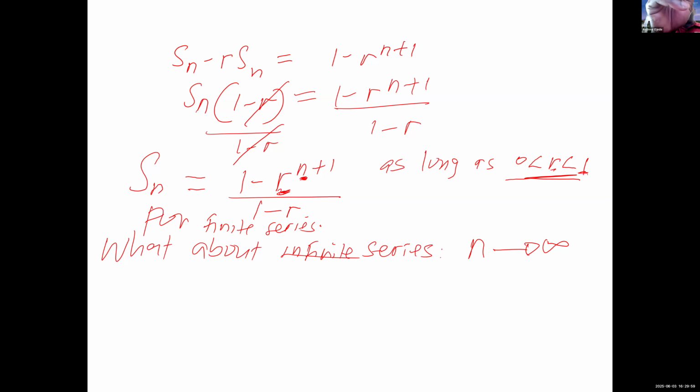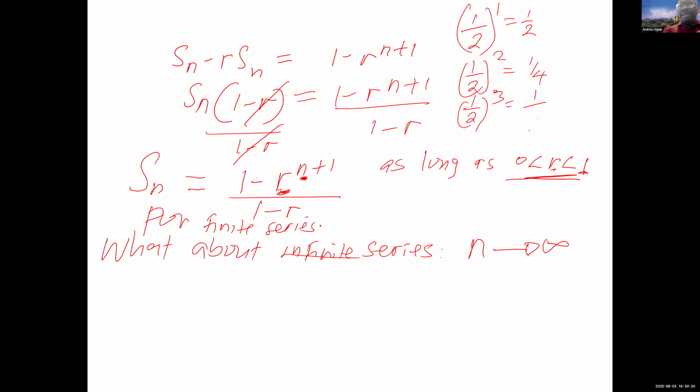Let's say you assume R is a number like 1/2. If I raise R to the power 1, that is 1/2. If I raise 1/2 to the power 2, you get a much smaller number. If I raise 1/2 to the power 3, that is 1/8. So as you raise R, which is a fraction, to higher powers, the numbers get smaller and smaller.